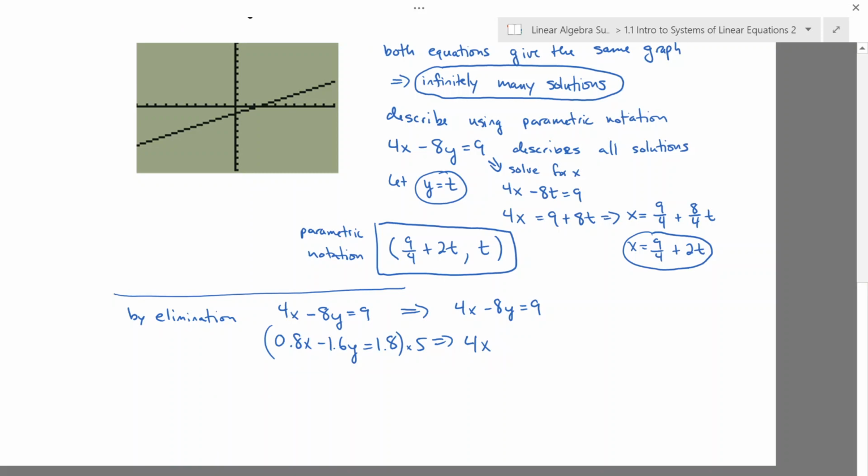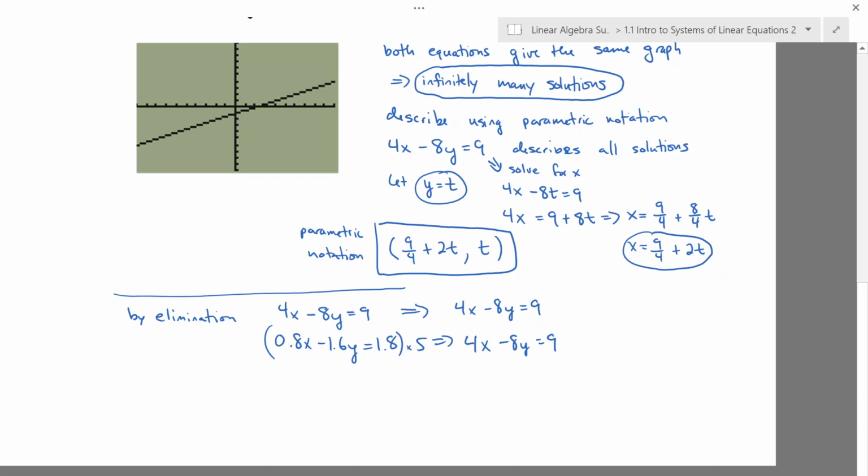Let me do the calculation in my head to make it faster. 1.6 times 5 is 8, so it becomes minus 8y, and then 1.8 times 5 gives me 9. So you see that both equations are exactly the same.